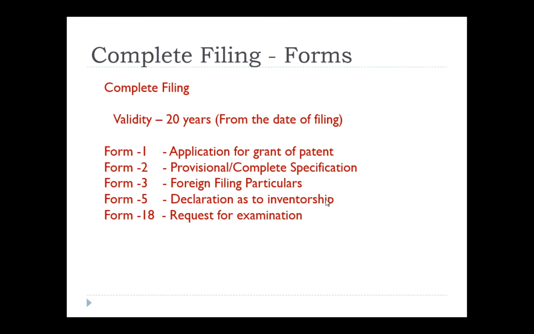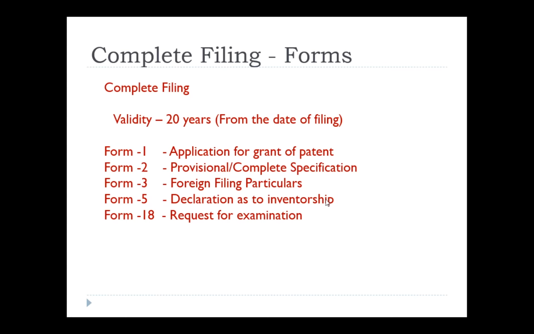Similarly, for post-grant opposition, if a patent got granted, within 1 year you can oppose it, stating that this is my own invention, I didn't notice, and after the grant only I have noticed. Within 1 year, you can oppose them using the post-grant opposition provision, right?